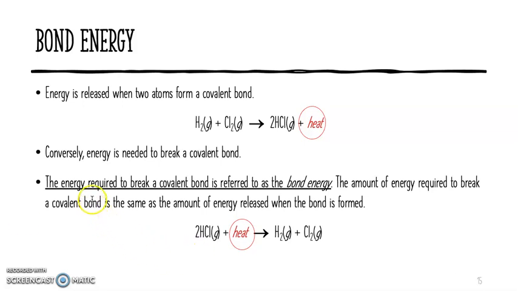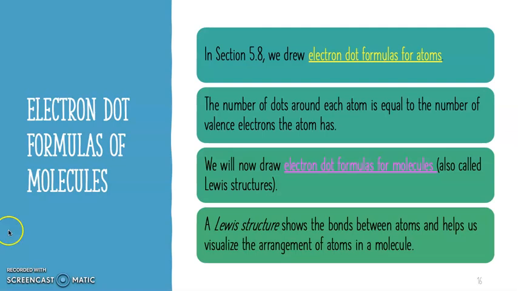So the energy required to break a covalent bond refers to the bond energy. And that amount of energy required to break a covalent bond is the same as the amount of energy released when the bond is formed. As an example I show you here. We will talk about the topic in the next video.